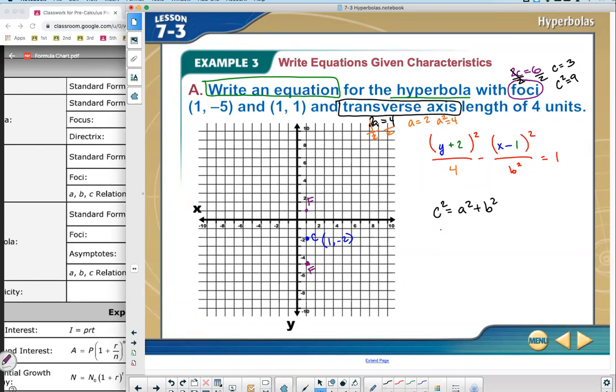So I can substitute in 9 here. 9 equals 4 plus B squared. You could find that out by subtracting 4 to isolate the B squared. We get that 5 is B squared, and since 5 is B squared, you can plug that in and you have your answer here. That's my equation.